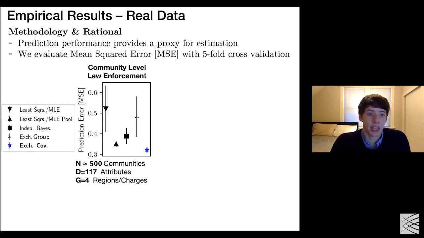And in agreement with our theory, we see that our approach provides smaller prediction error than both the standard exchangeability across groups approach, pooling the data together, and doing things independently, a regression style independent Bayesian analysis.